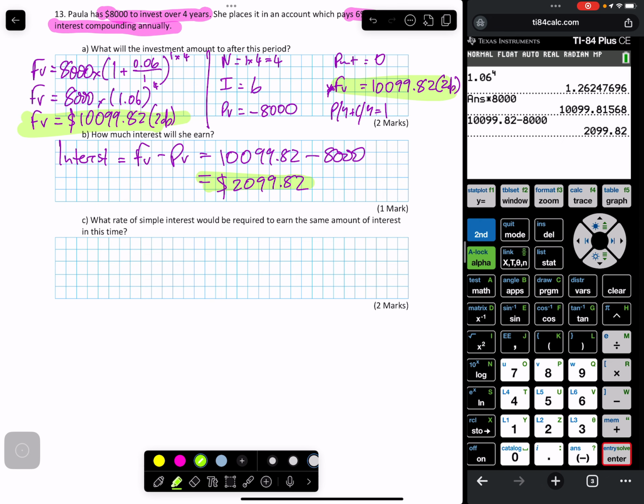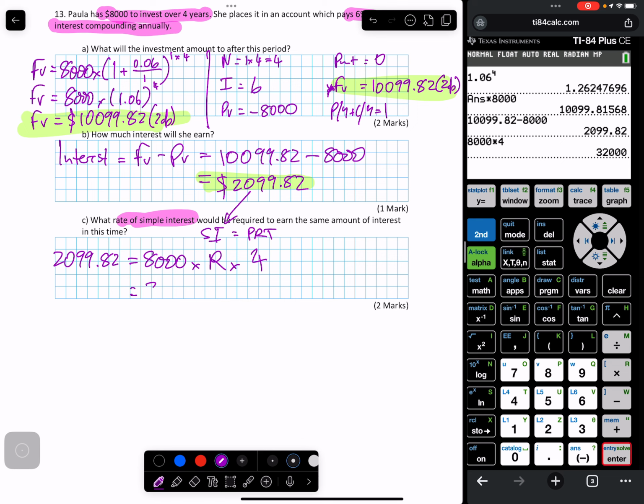What rate of simple interest would be required? So this is a simple interest question. To earn the same amount of interest in this time, so it's SI equals PRT. We want to earn that same interest but using simple interest. So SI is going to be $2099.82 equals P, the principal was 8 grand, times by the rate, which we don't know, that's what we're trying to find out, times by the time, which was 4. 8,000 times by 4 is going to give me 32,000.